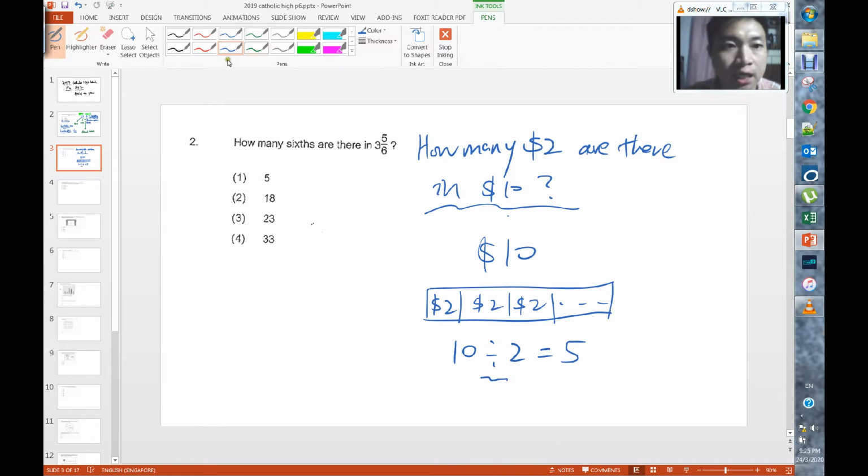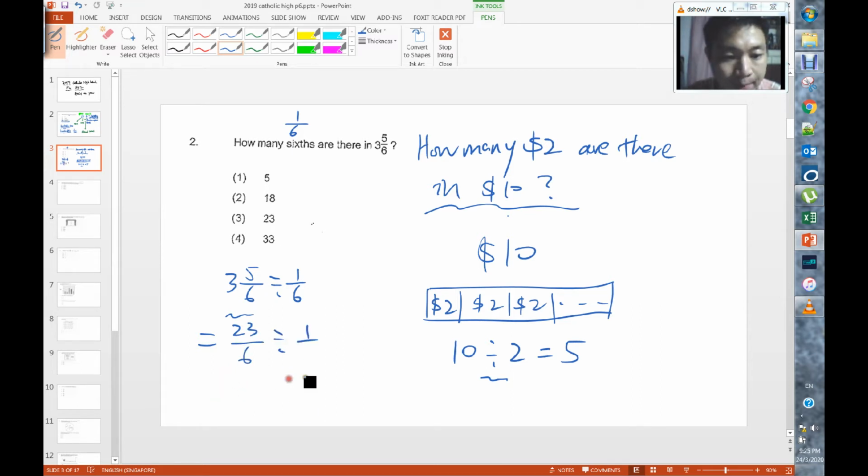So similarly in this case, by the way, 1/6 is 1 over 6. So we just need to take 3 and 5 over 6 divided by 1 over 6. You need to change this mixed number into an improper fraction, so you will get 23 over 6.